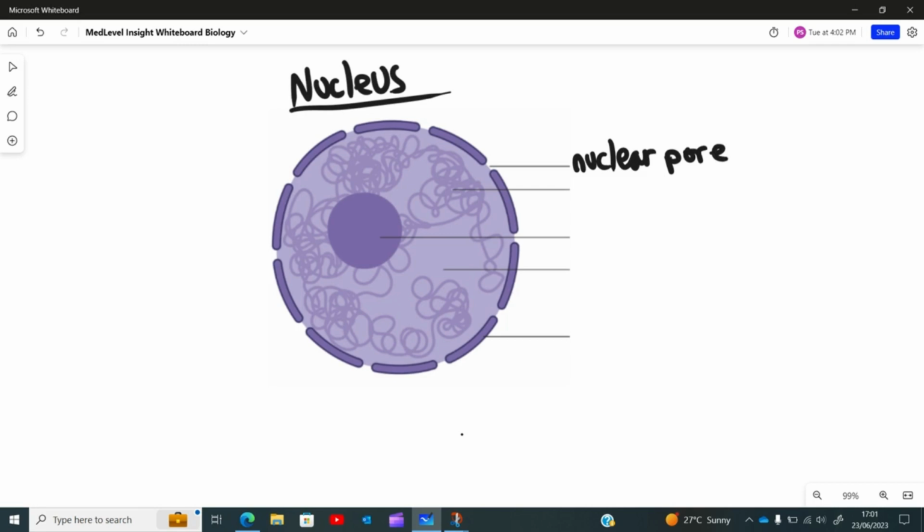This here, this squiggly line thing, that is chromatin. This purple blob being the nucleolus. And here, same as chromatin of course, this is called a nucleoplasm.